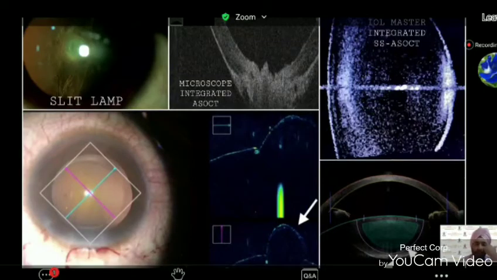Now, if you look at this particular image that I'm going to show you, you can see that this is a photo essay. If I had done a good slit lamp examination, there is a huge preoperative rent. On the IOL Master 700, you can see that it is able to show you a clear-cut defect in the posterior capsule.